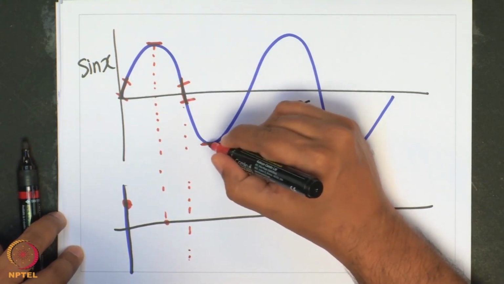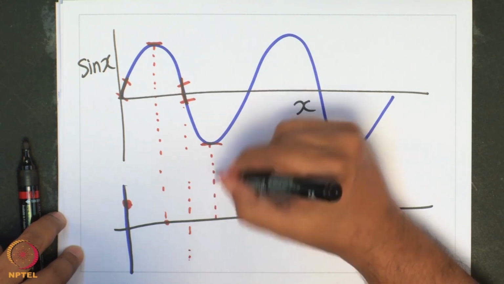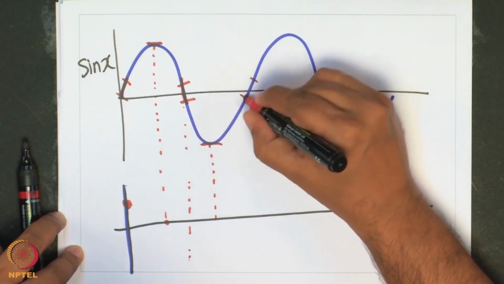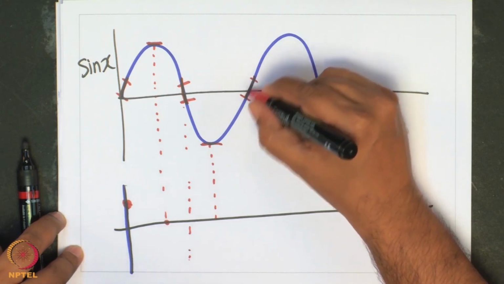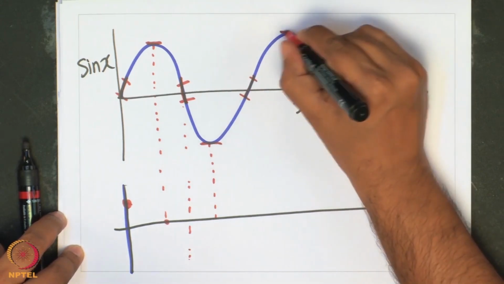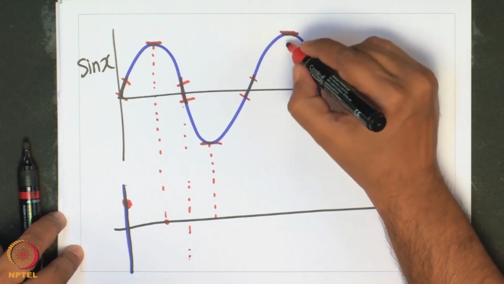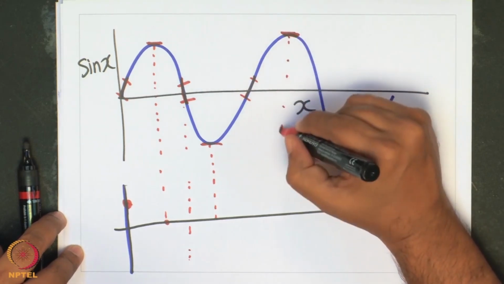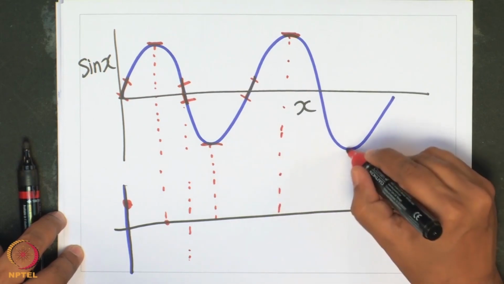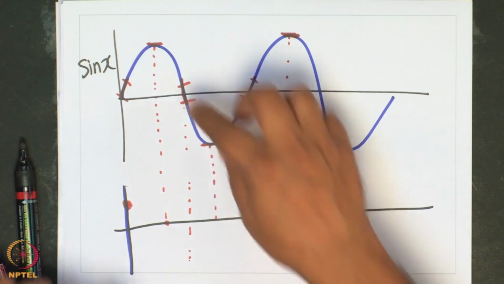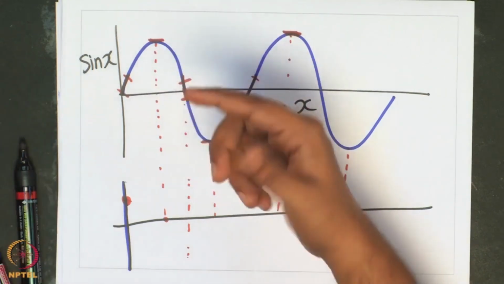This part again has a 0 slope. Here there is a positive slope. If you look at this small segment here, it will have a 0 slope again. Similarly, here also there will be a 0 slope. So, wherever there is a maxima or a minima, the derivative of it will be 0.